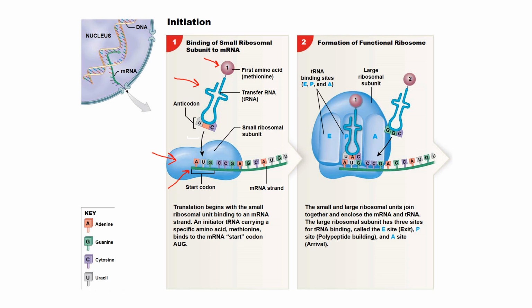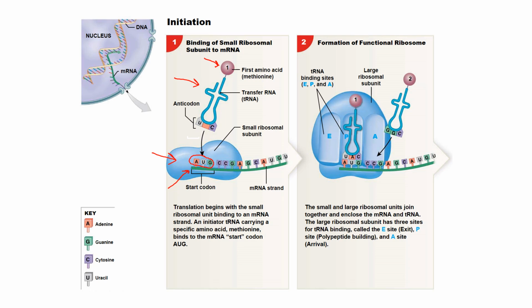This picture is missing the letter on the anticodon. So let's look at what that letter could be. If the codon for the mRNA is AUG, what would be the anticodon on the tRNA that matches to it? So A to U, that matches.